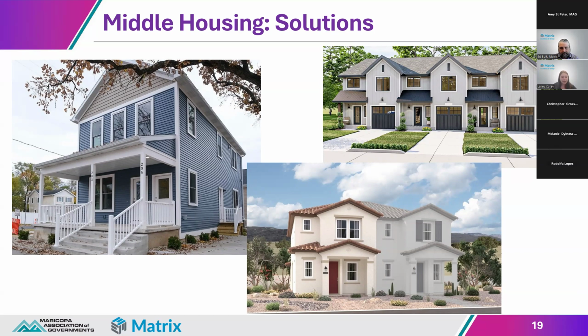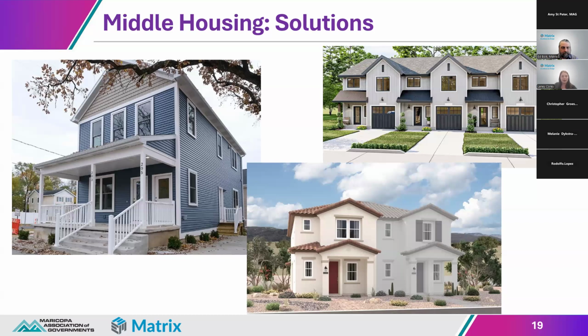On this first slide, you'll notice how these products are really designed to seamlessly integrate into existing single-family neighborhoods. A lot of that comes from mirroring the architectural styles, heights, and setbacks of surrounding homes in the area, really fitting the scale and appearance of the existing buildings.